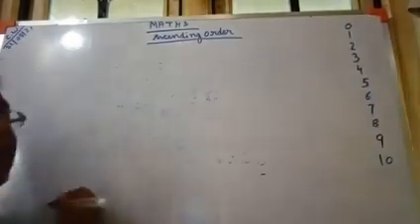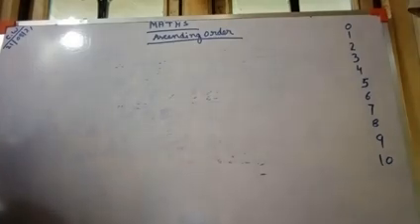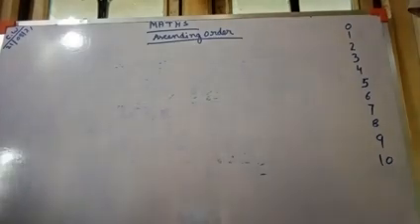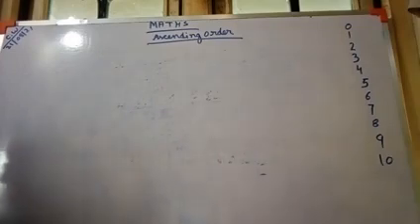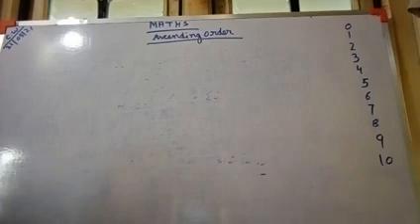The meaning of this, why I have written it, is that it's easy for you then to recognize which number is bigger and which is smaller. Up to 1 to 10 only you write, because it's not possible to write up to 50, up to 100. There is a concept behind this.